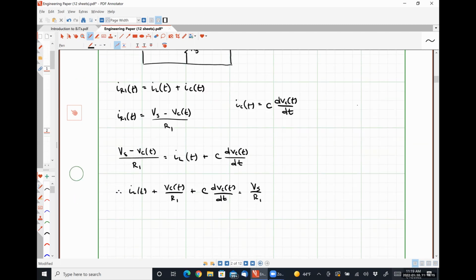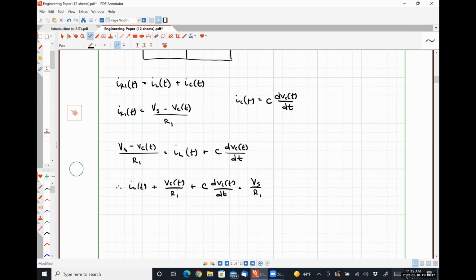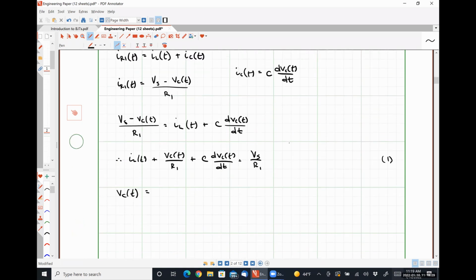So let's call this equation 1. We could say that Vc of t is equal to VL of t plus R3 times IL of t.